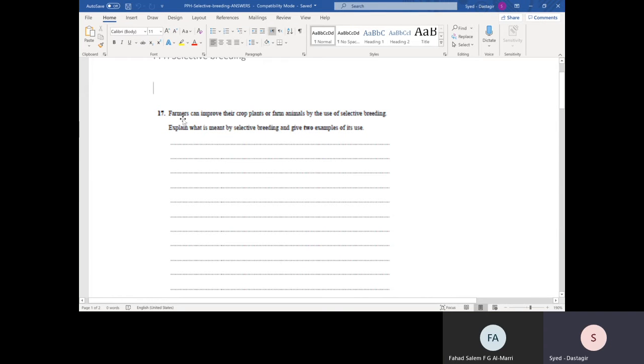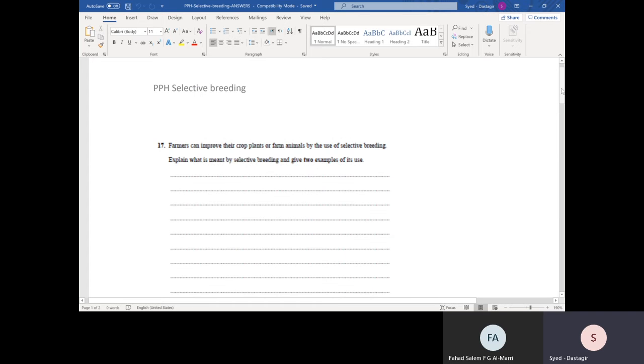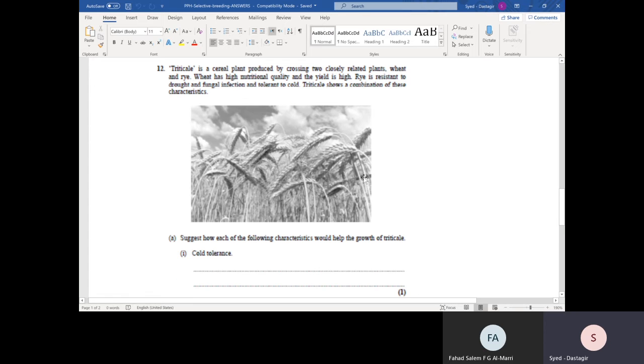It says farmers can improve their crop plants or farm animals by the use of selective breeding. Explain what is meant by selective breeding and give 2 examples of its use. So here is 6 marks, just one question. And then here, I can't read this properly. It's a bit blurry. It means that this question 17 is the explanation for marks.